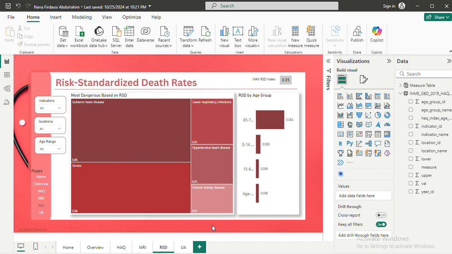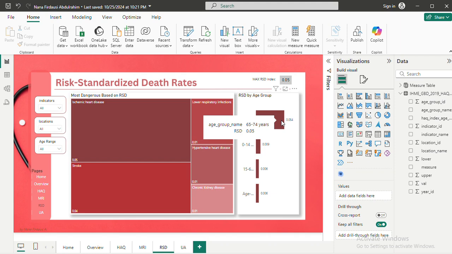So from here, we can see that there is more risk of heart diseases and stroke, then low respiratory infections and hypertensive heart diseases and chronic kidney diseases. Then also we can compare the risk by age group. You can see that the 65 to 74 years have the highest liability to catch these diseases.